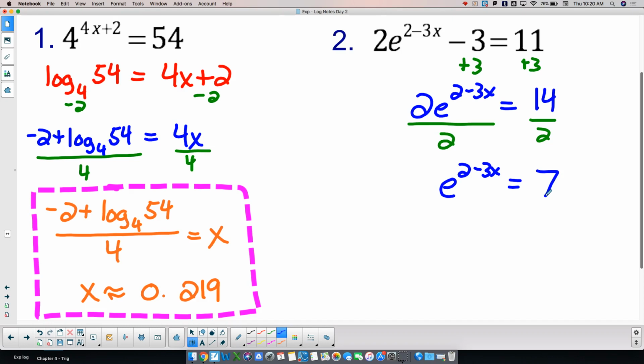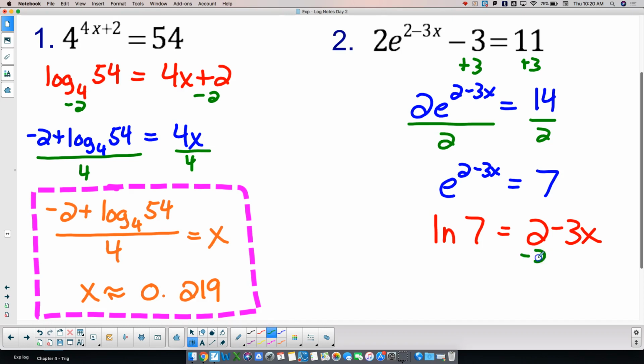Now it's isolated, so I can switch forms with it. Log base e is natural log. So this is the natural log of 7 equals 2 minus 3x. And we don't write log base e.